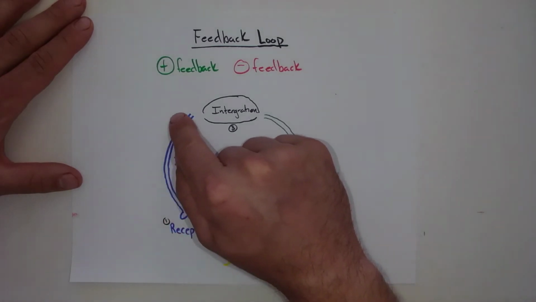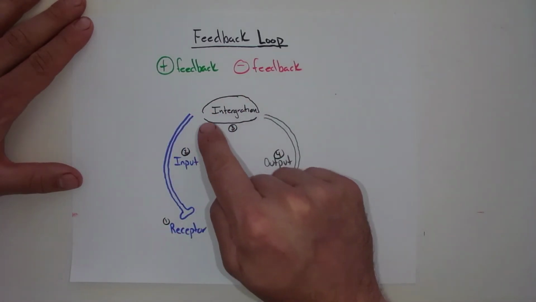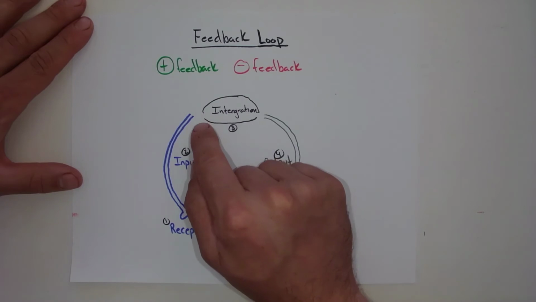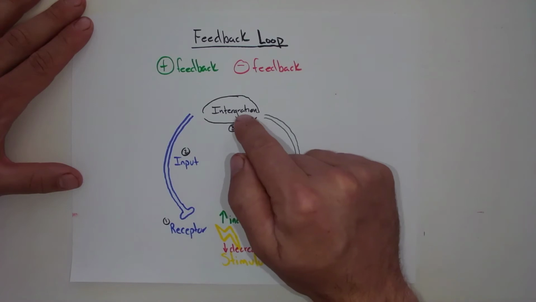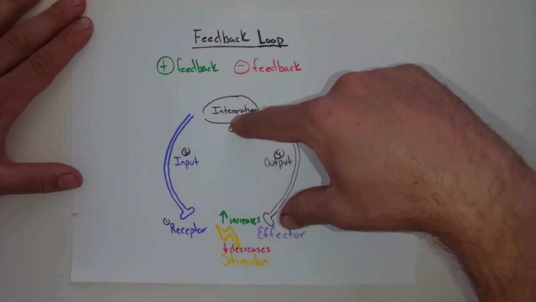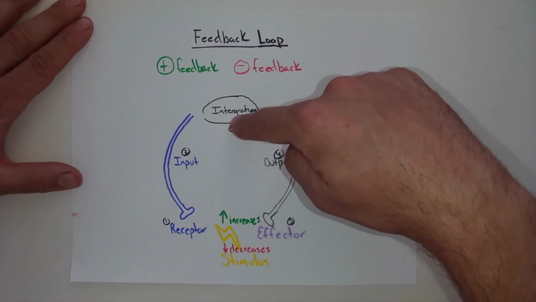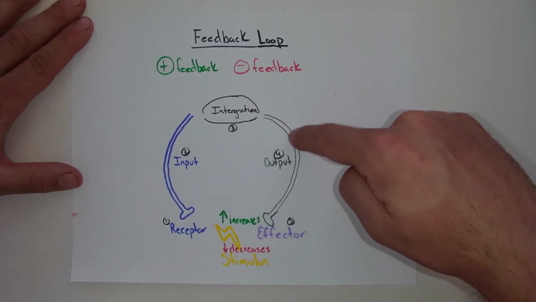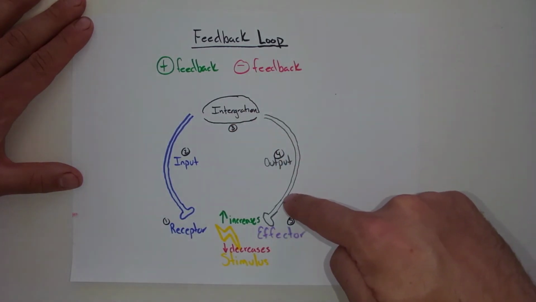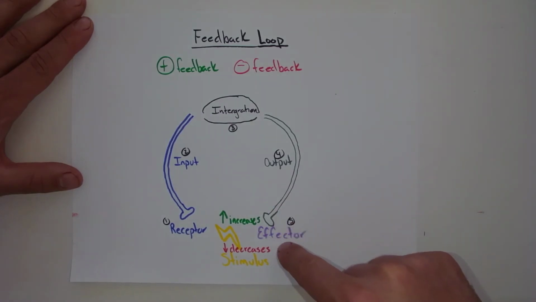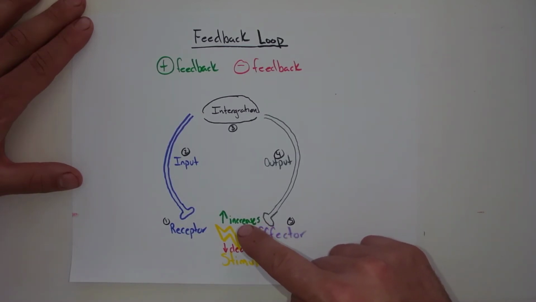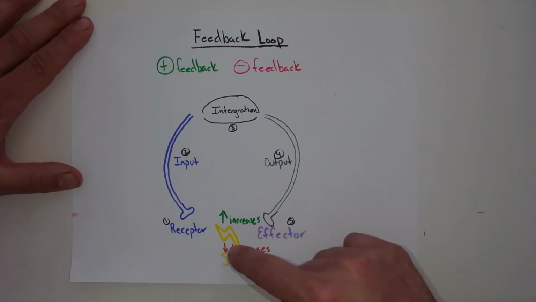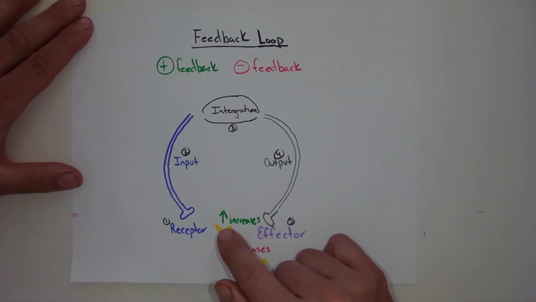It's going to send a signal to the thermostat, and the thermostat makes sense of that heat and says, oh, it's too hot in here. I'm going to activate the air conditioning unit. So it sends out through a wire a message to the effector, the air conditioning unit, to turn on and cool the air inside the house, which decreases the original stimulus of heat.